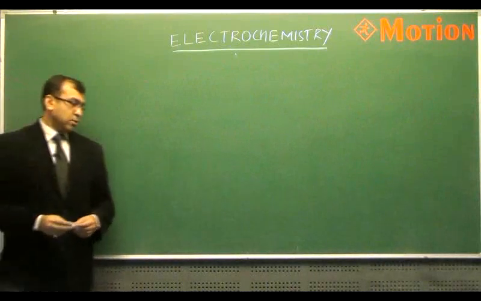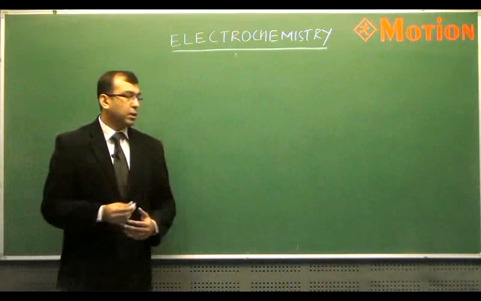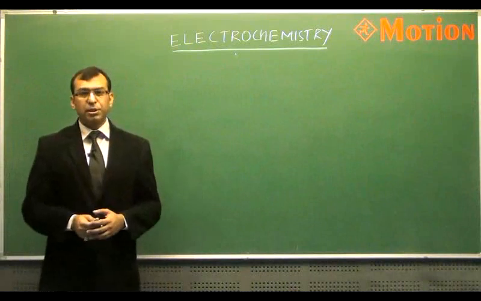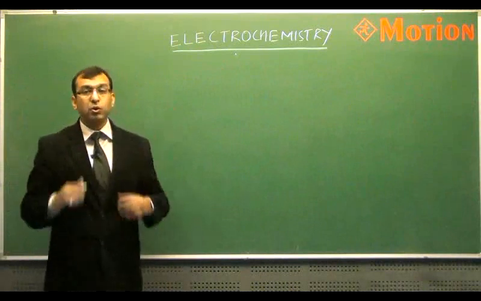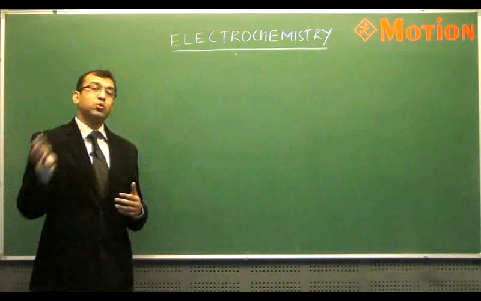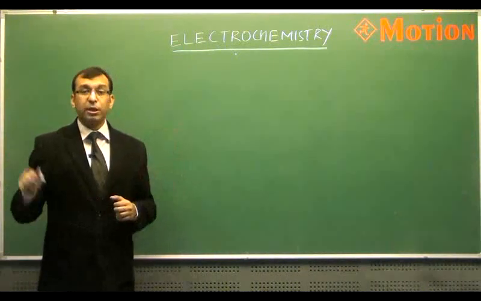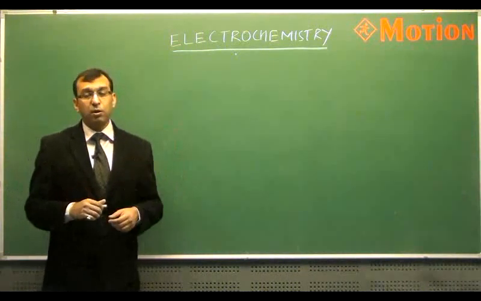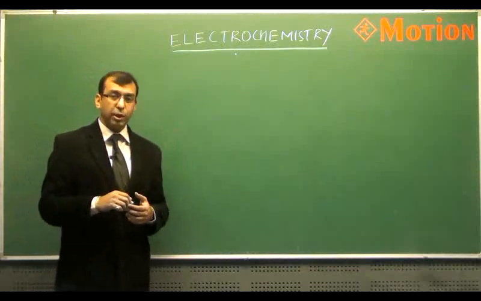Well, we have gone through the electrolysis of molten NaCl using platinum electrodes, where at the anode Cl minus was oxidized forming Cl2, and at the cathode sodium plus was reduced forming metallic sodium.